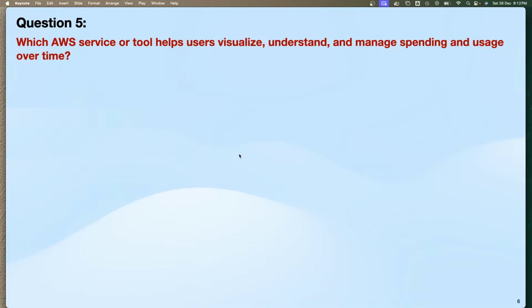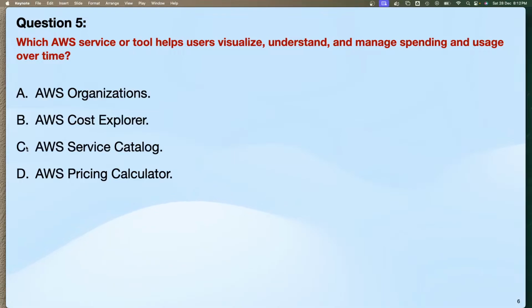Okay. So let's evaluate question number 5. Which AWS service or tool helps users visualize, understand and manage spending and usage over time? So the options here are Organizations, again Cost Explorer, Service Catalog and Pricing Calculator. Okay, again as I was mentioning, AWS Organizations is meant for managing the multiple AWS accounts under one master account, so that billing, invoicing and access controls can be done from the master account.